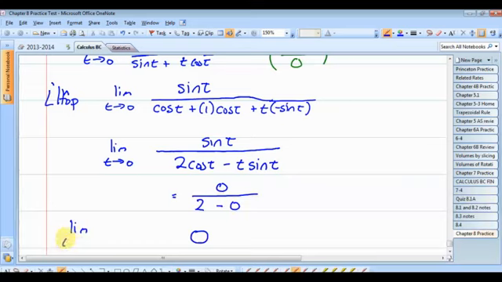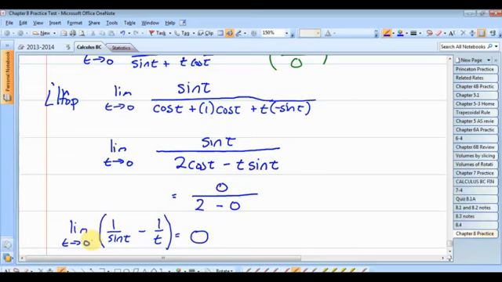The limit as t approaches 0 of 1 over sine t minus 1 over t equals 0. Oh, this time infinity minus infinity was 0.